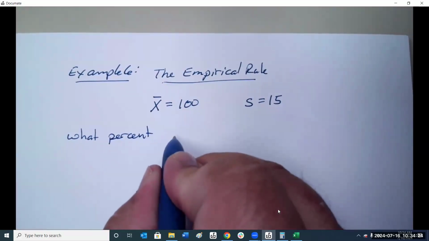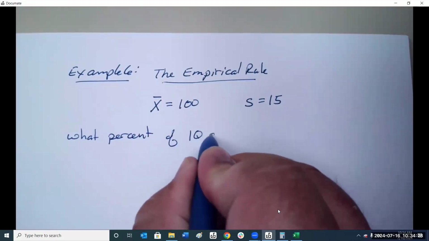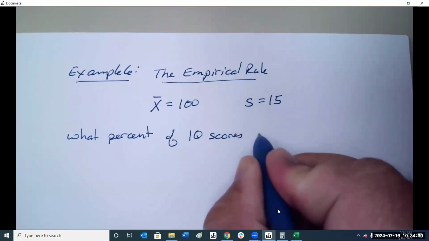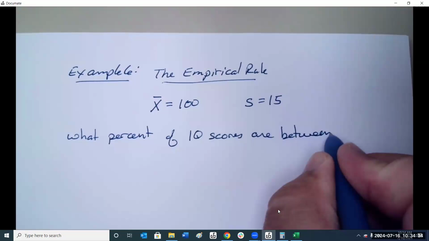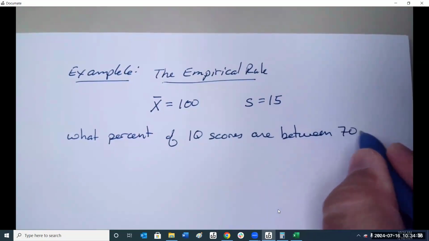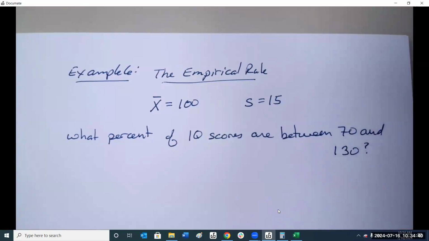What percent of IQ scores are between 70 and 130?